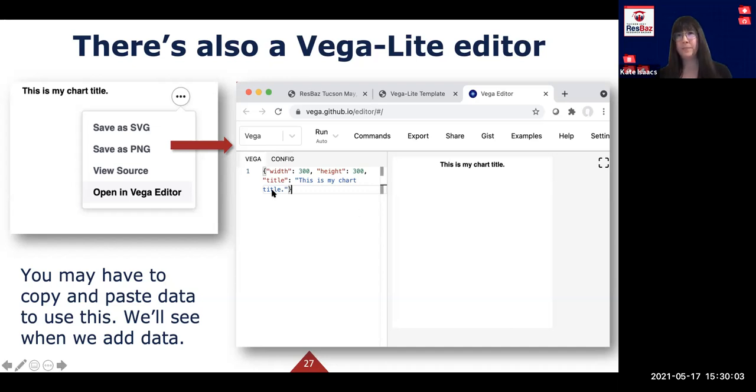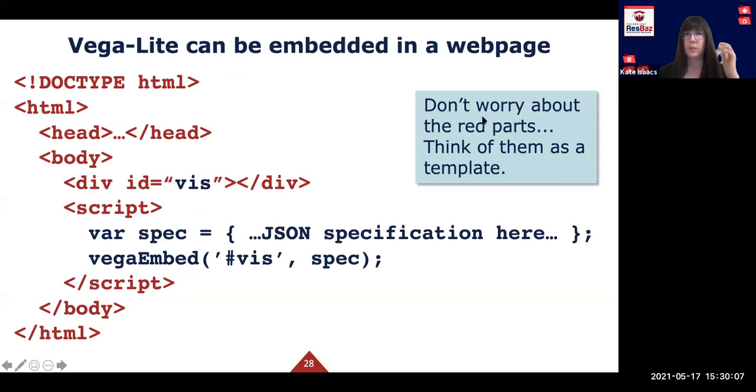All right. Let me tell you a little bit more about what you're seeing. Vega-lite can be embedded in this web page. Everything in red, you don't have to worry about. This is indicating to the web browser what kind of document you're getting, setting up things like what should appear in the tab. In that boilerplate, I'm also linking all the Vega-lite libraries.